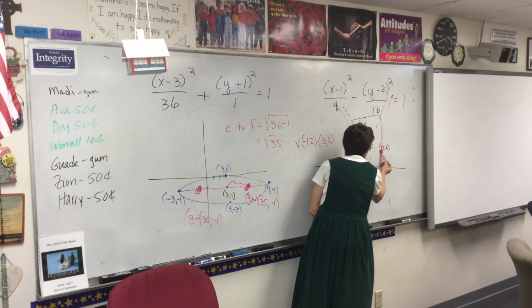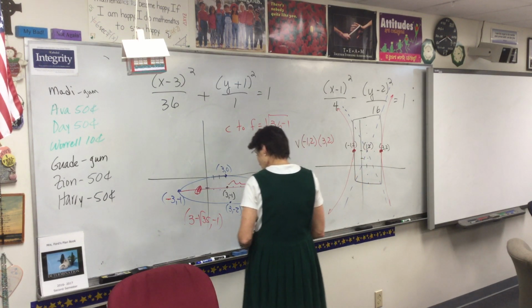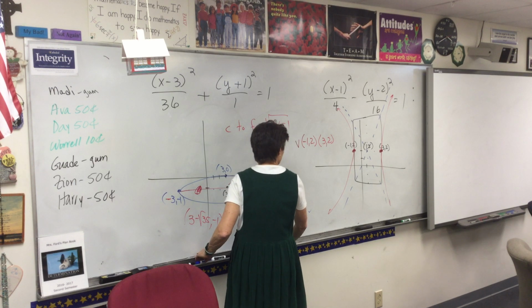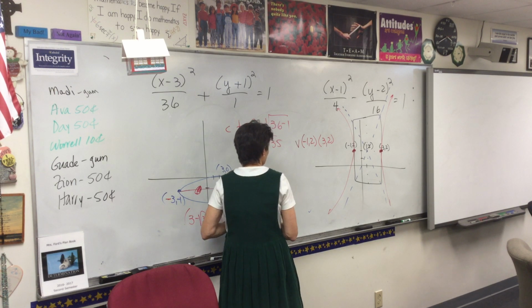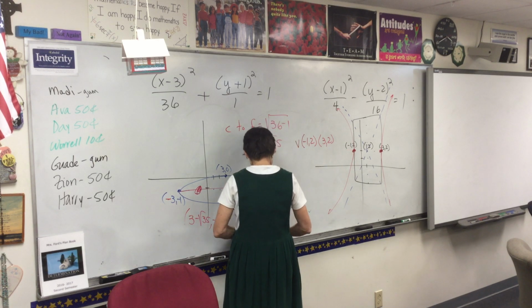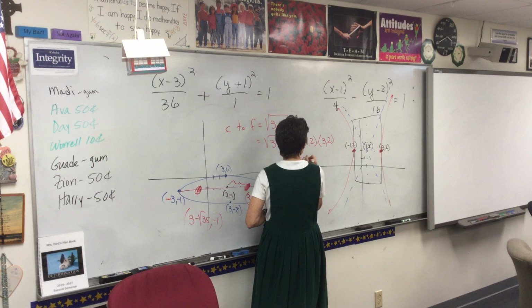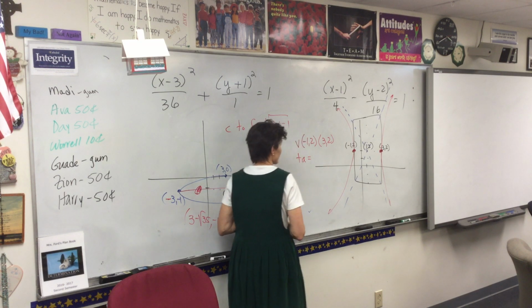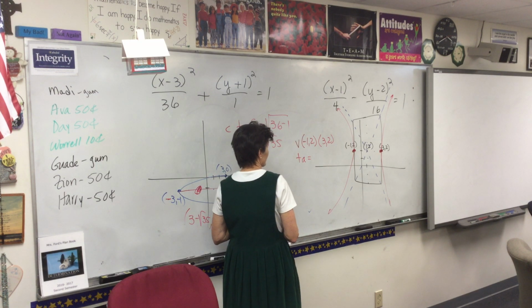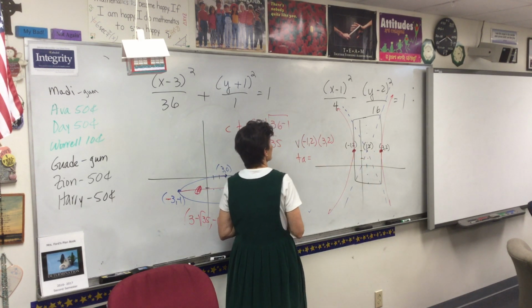This axis right here is called the transverse axis. The transverse axis joins the vertices. How long is your transverse axis? 4. The transverse axis is 4.